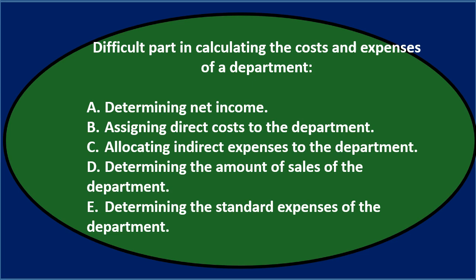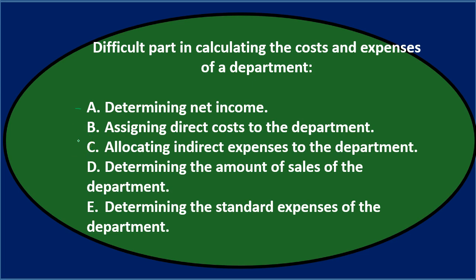Difficult part in calculating the costs and expenses of a department is either A, determining net income. So we might say that sounds like it could be kind of difficult. We'll keep that. B says assigning direct costs to the department, and C says allocating indirect expenses to the department.